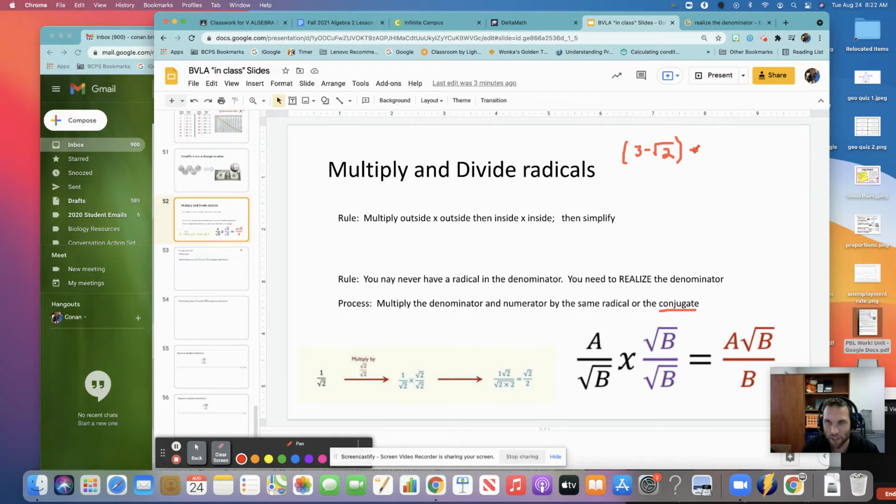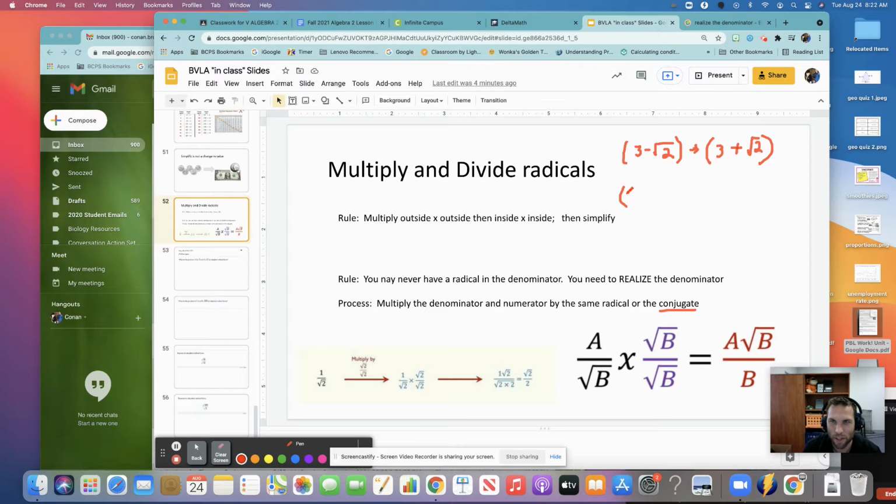And so the conjugate of this is the same numbers, it's 3 and root 2, but we just flip the sign. And it turns out that when you multiply by the conjugate, you're going to end up with a value that does not have a radical in it.